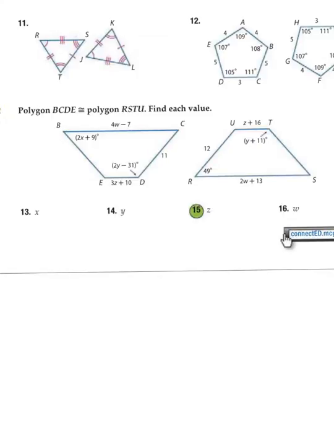B matches R. C matches S. D matches T. Let's bring another color in here. E matches U. Okay, so now I can see not only my angles but my sides if I'm careful.